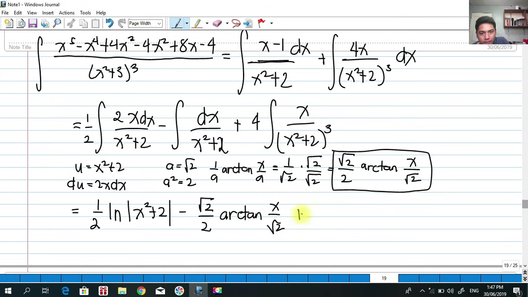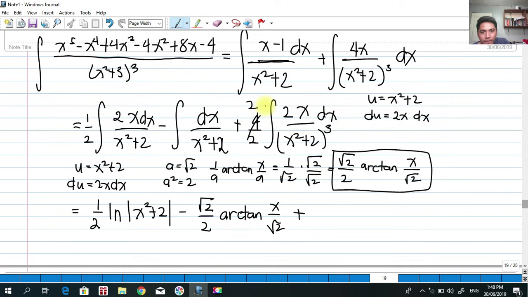Plus, again, what will happen here? How can we integrate this? Again, by u substitution. So we can choose u as x squared plus 2. Du is 2x dx. So we have to offset, we have to have 2 here, and we have to divide this by 2. This simply becomes 2.